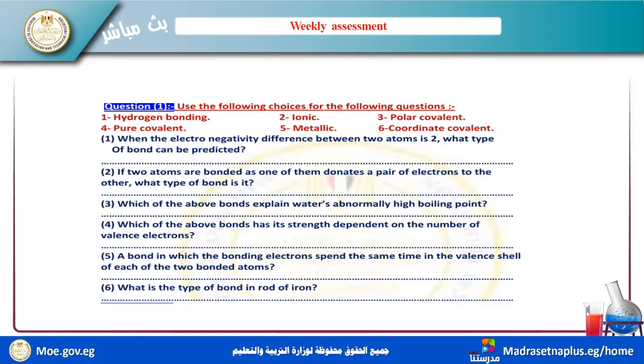This means I have an ionic bond. Number 2: if two atoms are bonded and one of them donates a pair of electrons to the other, what type of bond is this? It is the coordinate bond.